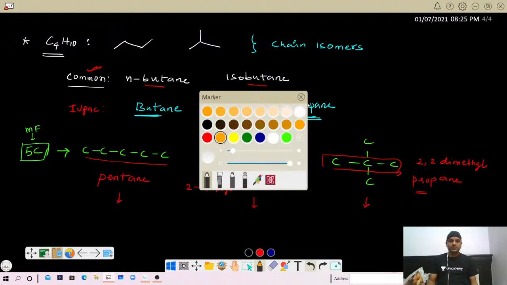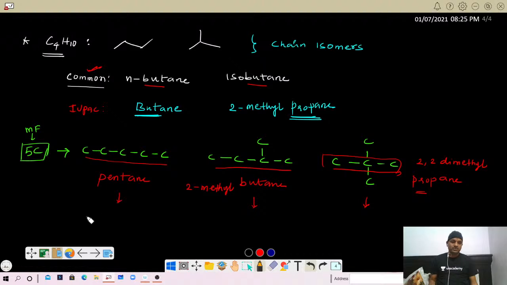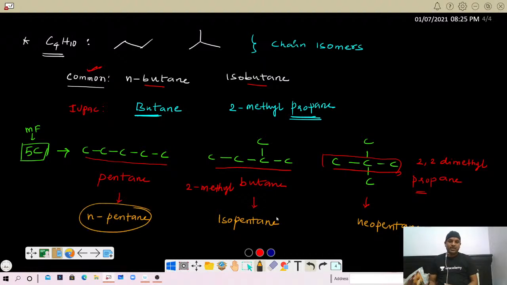Based on this, this is N-pentane, this is isopentane, and this is neopentane in common names. In the objective question, they give it like this. What type of question might they ask you? N-pentane and isopentane are what type of isomers?